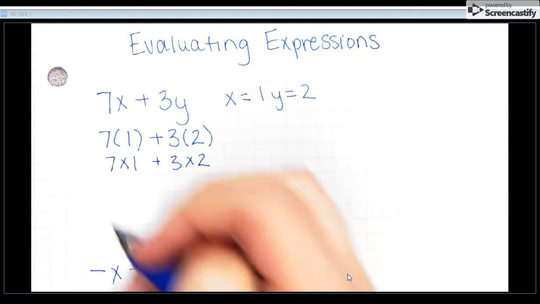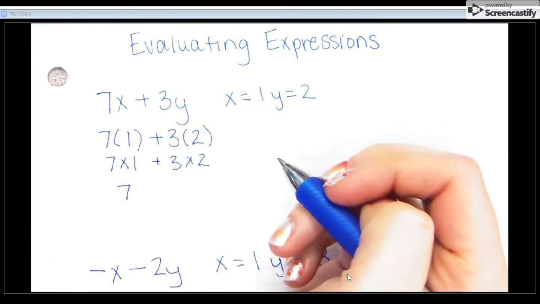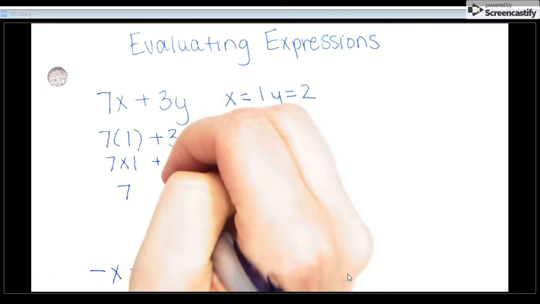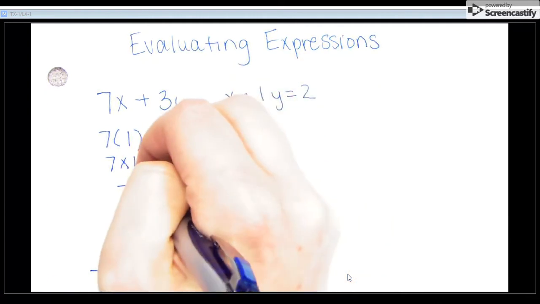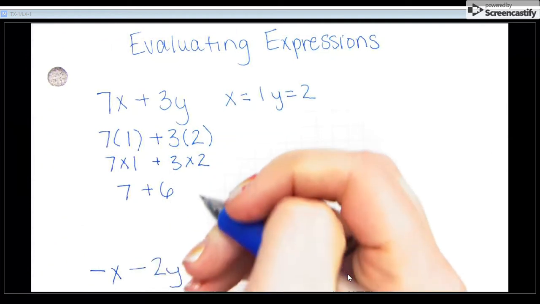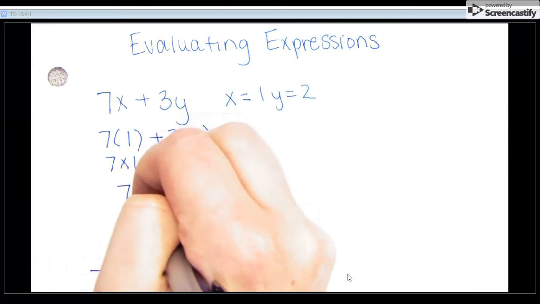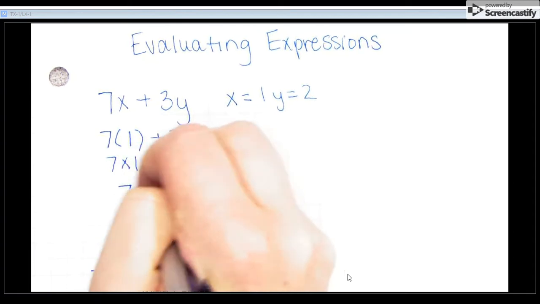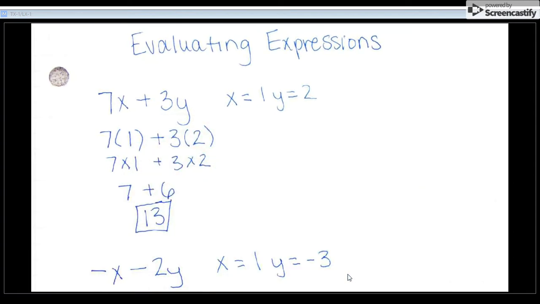I know that 7 times 1 is 7, and I know that 3 times 2 is going to be 6. I did multiplication first because in order of operations, multiplication comes before addition. And I know that 7 plus 6 is equal to 13. And I have my final answer.